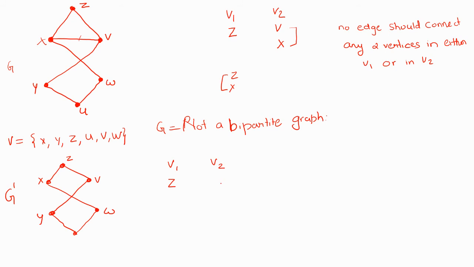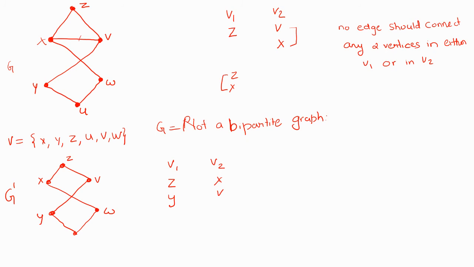I put my Z in V1, then X in V2, V in V2. Now from V, I have an edge to Y, right? Therefore, this Y will be in V1. And again, there is no edge from Z to Y, therefore there is no issue.